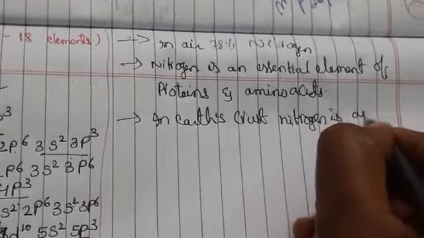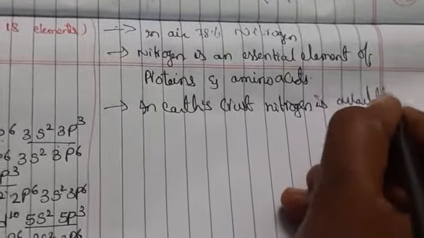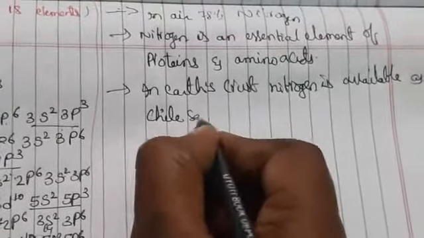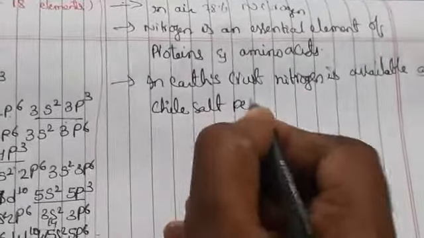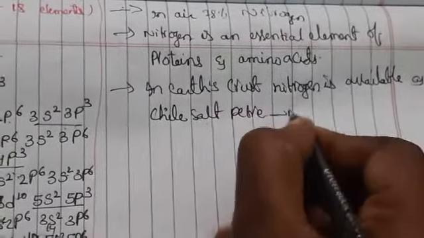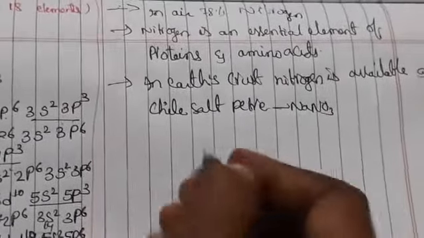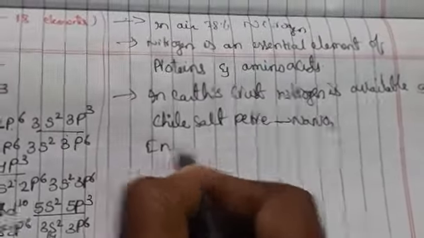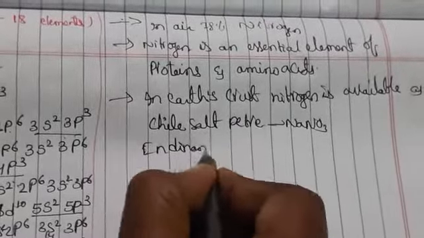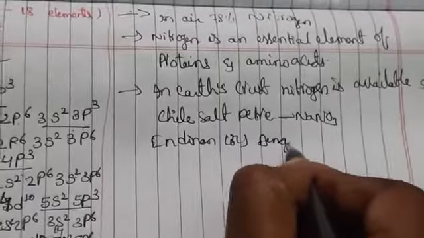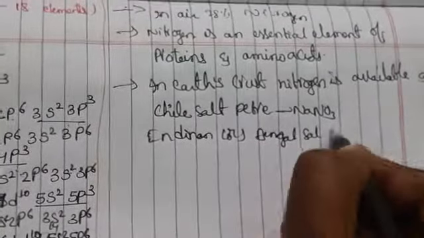In the earth crust, nitrogen is available as Chile saltpeter, that is NaNO3, and also as Indian or Bengal saltpeter.